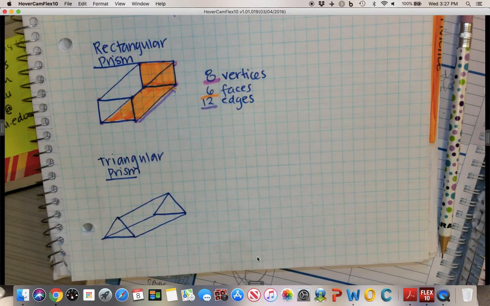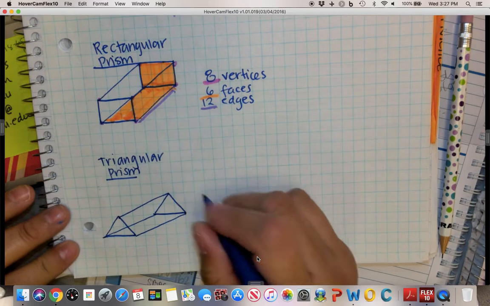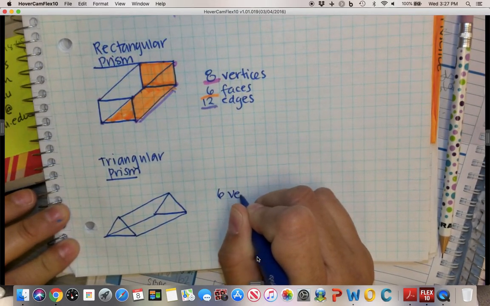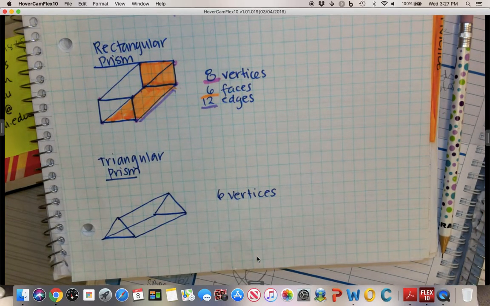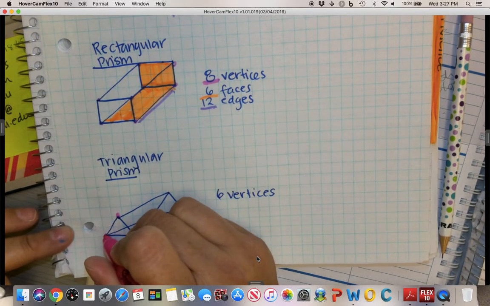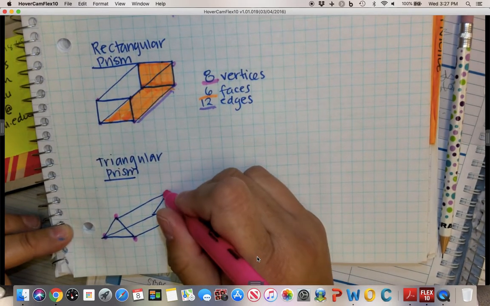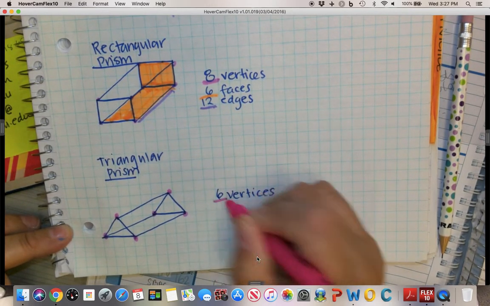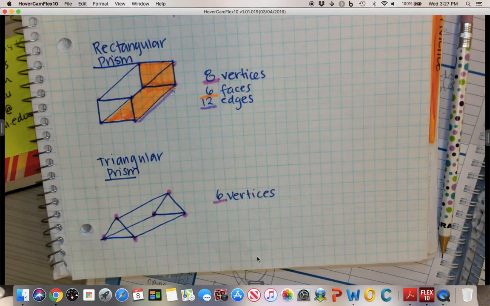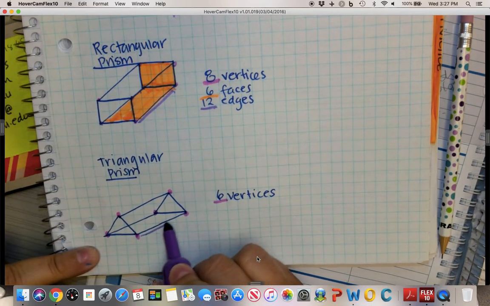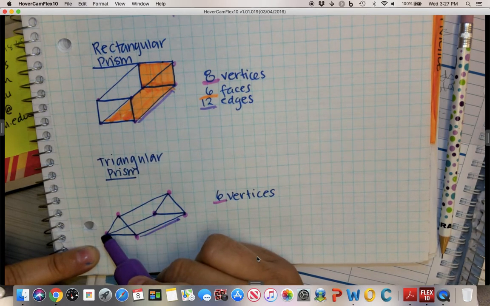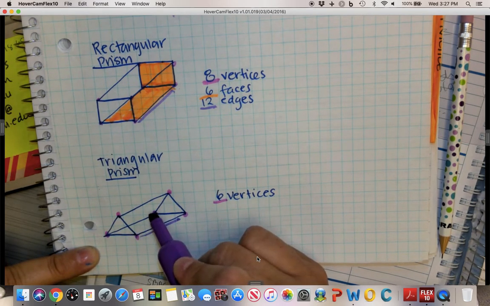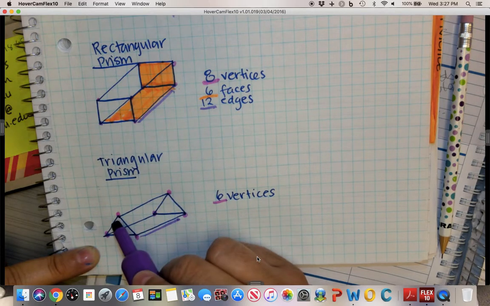So, 6 vertices, 1, 2, 3, 4, 5, 6. The edges, 1, 2, 3, 4, 5, 6, 7, 8, 9.